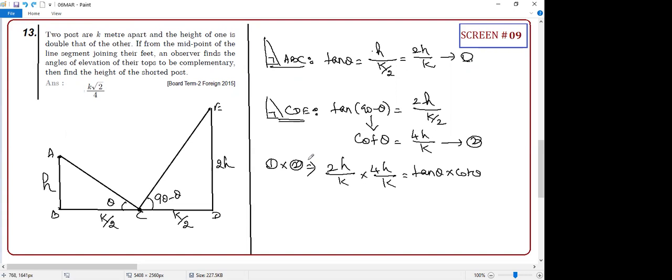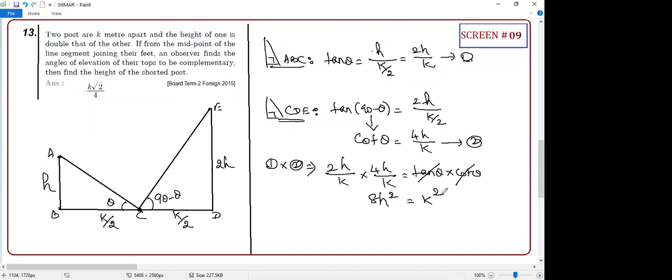So guys, tan theta, cot theta will get cancelled. So what will you get finally? 8H square by K square equals 1.